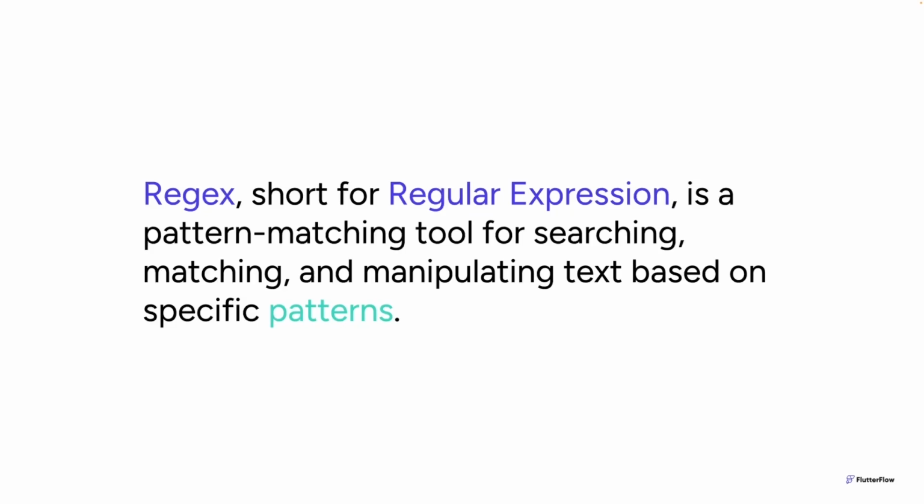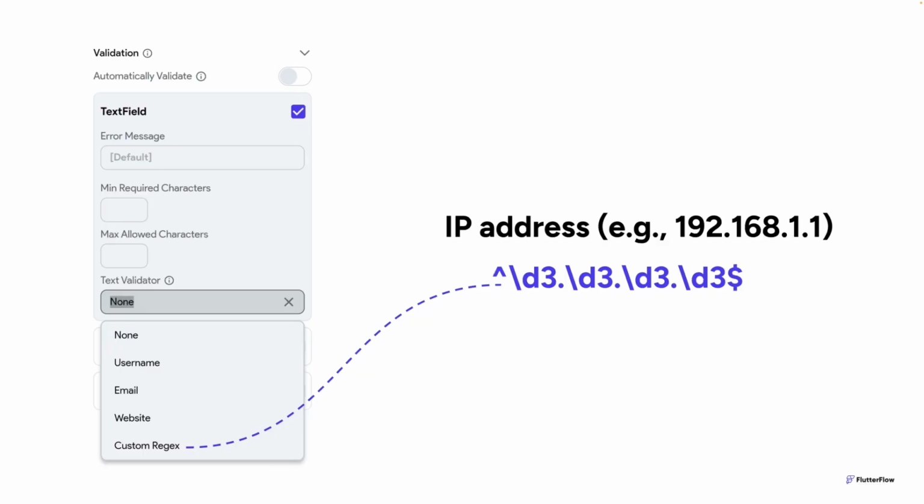For example, you can use regex to validate email formats, phone numbers, or other specific strings. Here's an example in Dart that you can match IP addresses with regex. There are many tools online that can help you to write regex and test if you need specific patterns that are not available in FlutterFlow.